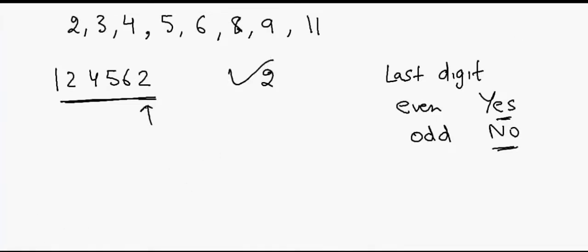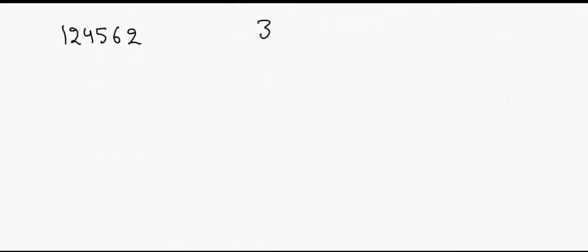Now let's talk about division by 3. If I have 1 2 4 5 6 2 again, and I'm looking at whether it's divisible by 3 or not, what I'll do is add all these digits together. So 1 plus 2 plus 4 plus 5 plus 6 plus 2. That gives 3, plus 4 is 7, plus 5 is 12, plus 6 is 18, plus 2 is 20.